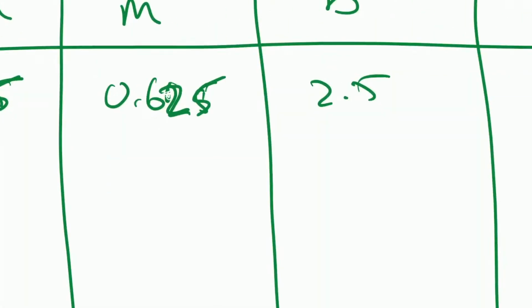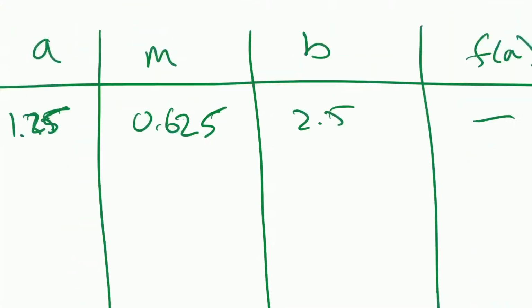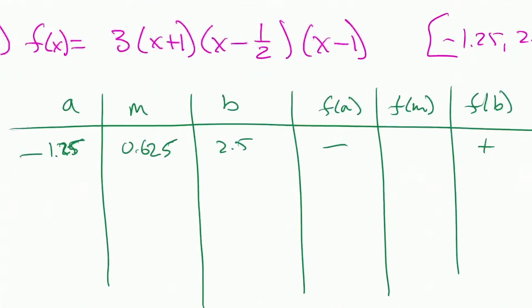Why is it not erasing? Oh, I see. Okay, that's a little bit better. So let's see what f of m is. This is 0.625, and I get negative. And so that means that 0.625 and 2.5 will be the two endpoints for my next interval.